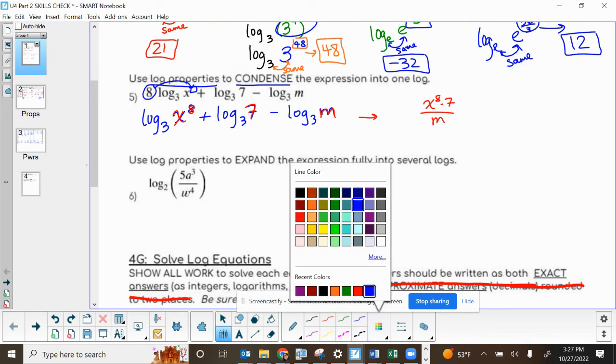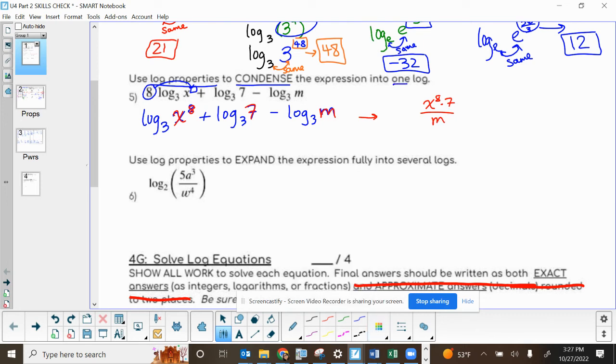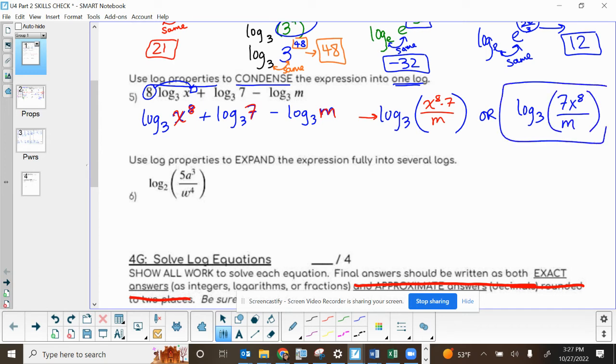But I still need a log because I'm condensing it into one log. So that is log base 3 of this whole thing, which you could also rewrite as 7x to the 8th, just because that's mathematical convention, but either one is correct to write the number before the variable.